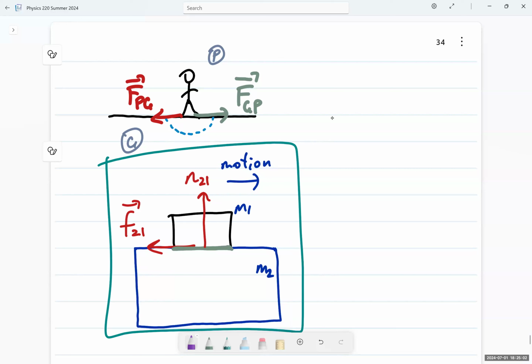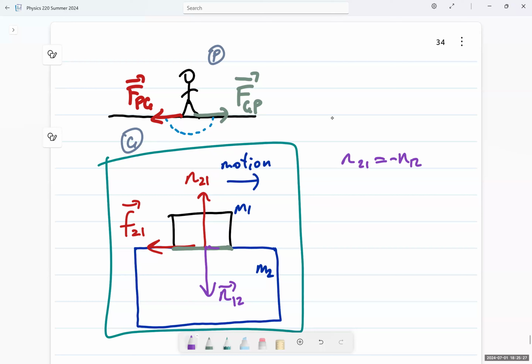So there's going to be a normal force that 1 exerts on 2, exactly in the opposite direction but with the same strength. That means, for example, N21 is equal to N12, but this one is going to be negative because it's acting in the opposite direction.